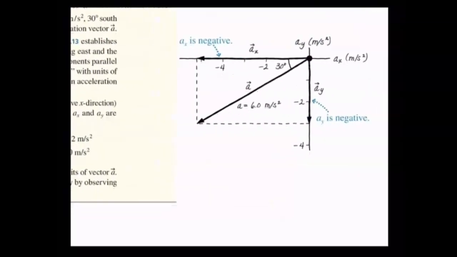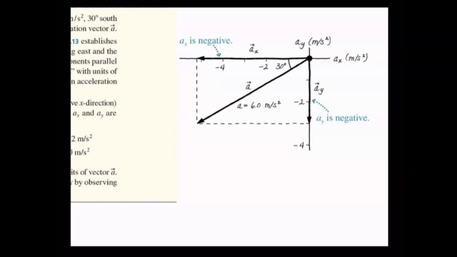In the figure, we see that the y component of the acceleration is plotted versus the x component of the acceleration. So we have for our axes a sub x and a sub y. The x component is negative because it's pointing to the left, and the y component is also negative because it's pointing down.